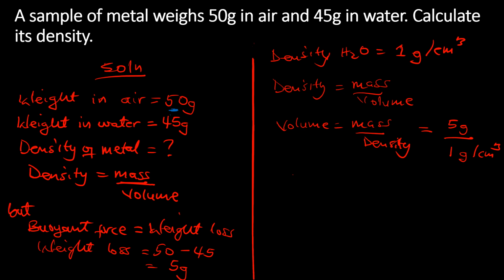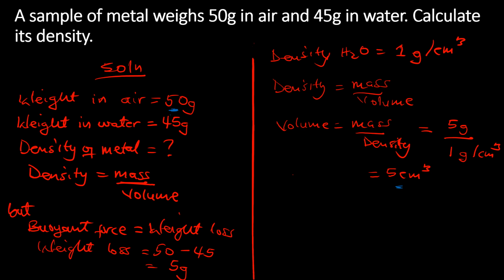So therefore the volume will be 5 cm cube. So for now, we have our volume to be 5 cm cube, and we have our weight to be 50 grams. So we can now find the density of the metal.